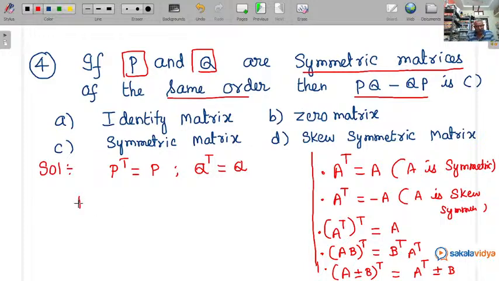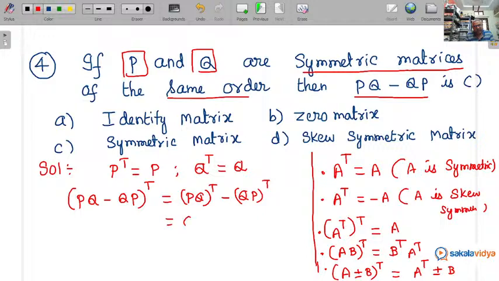So let us apply transpose, PQ minus QP old transpose. This we can write as PQ transpose minus QP transpose. It obeys the reversal law: Q transpose P transpose minus P transpose Q transpose.